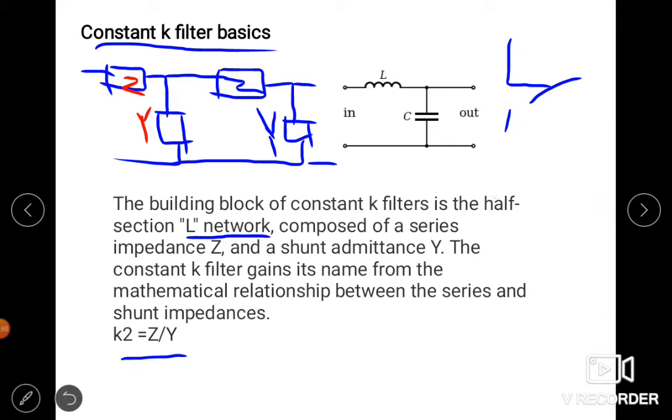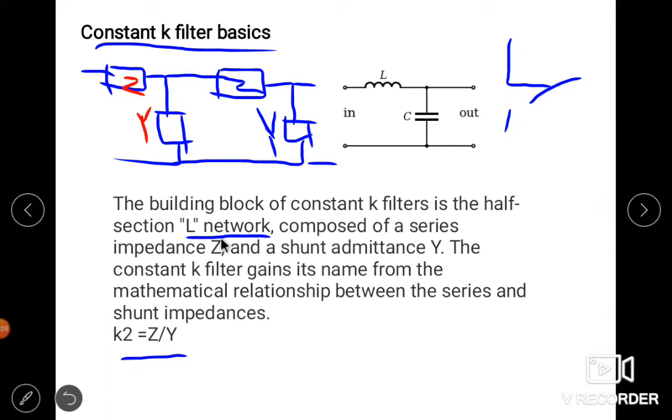And the infinite ladder network of the L section, here the L network should not be confused with the inductance L. In electronic filter topology, L refers to the specific filter shape.